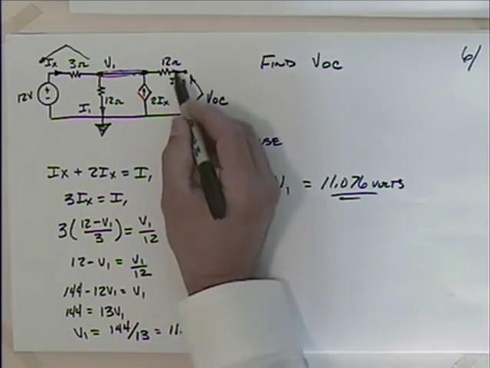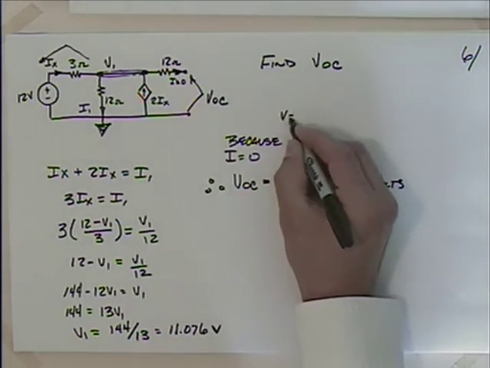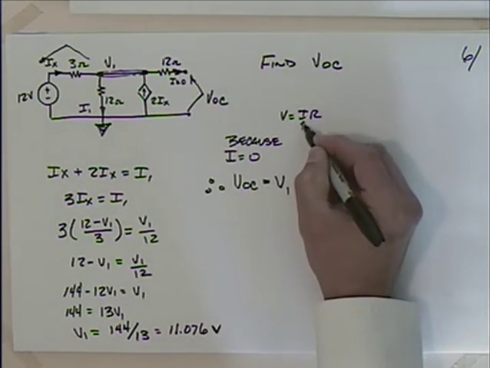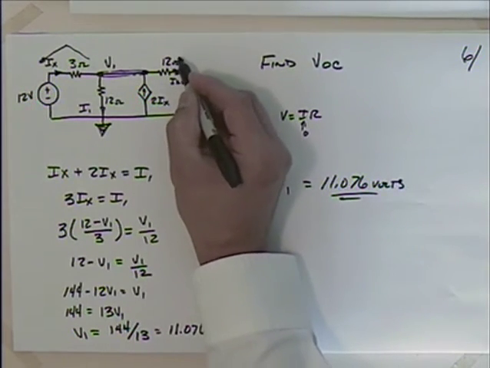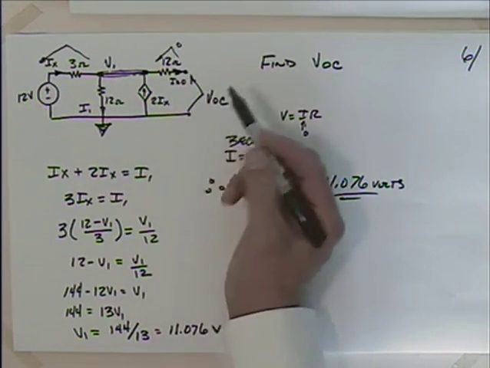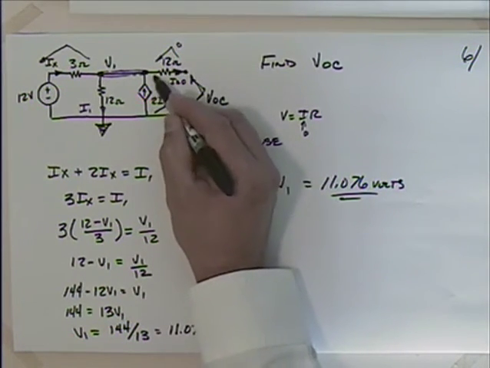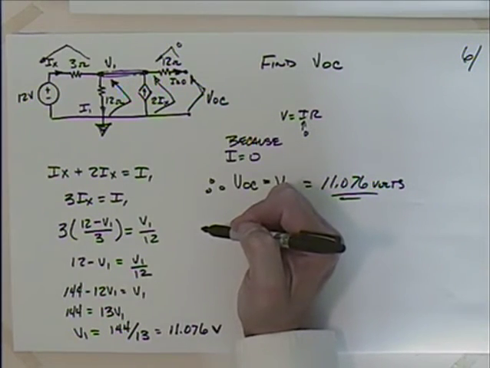Okay, does that make sense? Because this current is 0, we know that V is equal to IR. So if the current is equal to 0, you put 0 in there. No matter what this resistance is, the voltage across this thing is equal to 0. So if that voltage is 0, then this voltage here has to be the same as that voltage there, which by definition is V1.